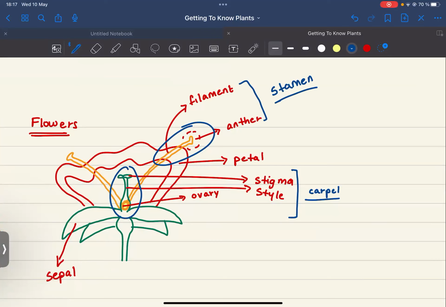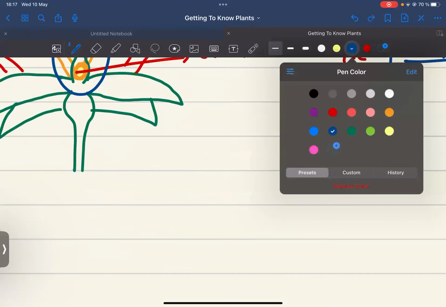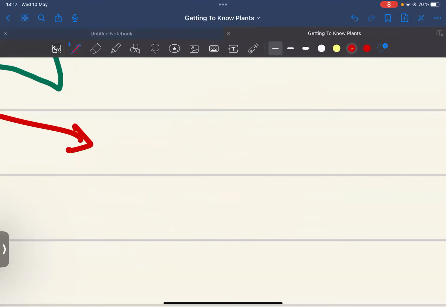Separately you have the petal and the sepal. Are the parts clear to all of y'all? Yes, ma'am. And this center portion over here is called the receptacle.